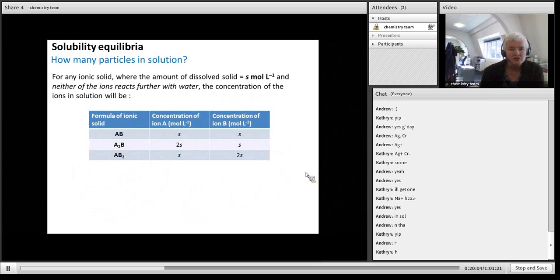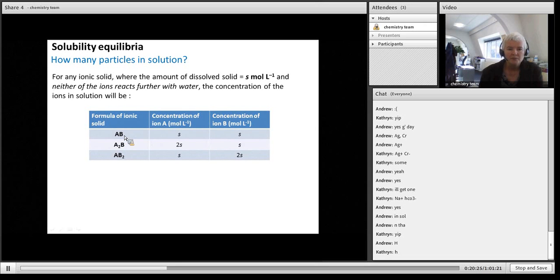Okay, what I want to go on to next, from being able to break up the ions, we need to work out how many particles would go in solution. We saw those sodium and chloride ions going to solution, and that's an example of an AB salt, which is for every sodium ion there's a chloride ion.